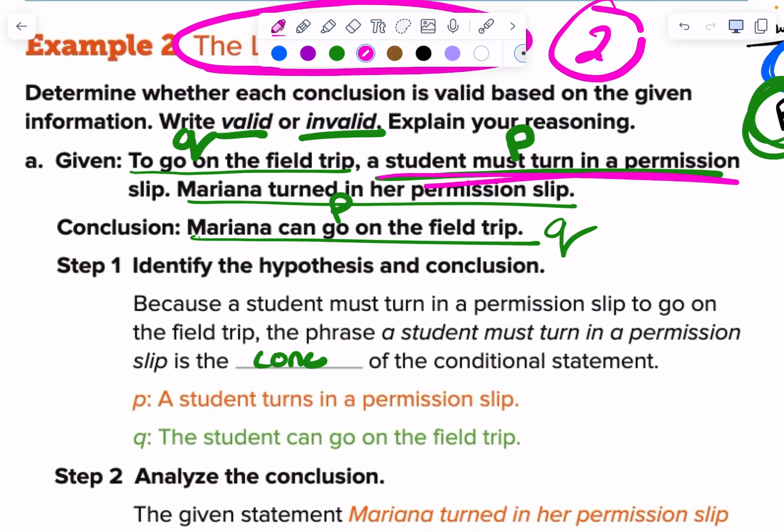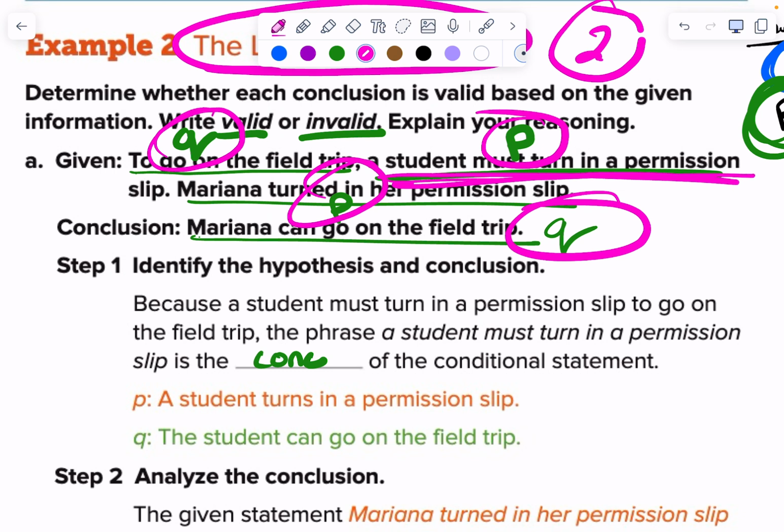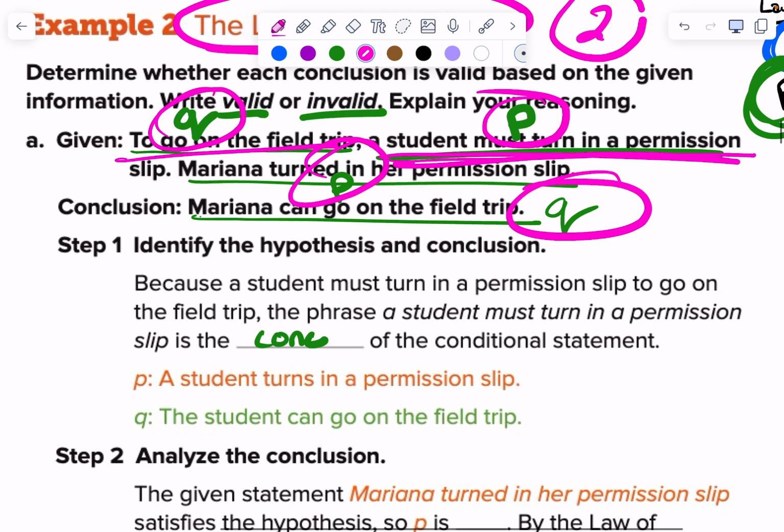P was actually this part. They wrote this statement in the reverse order. They should have said, if a student turns in a permission form, then they go on a field trip. They tried to confuse you by putting it in a different order. So you have to figure out the hypothesis and conclusion if they put it in a different order.